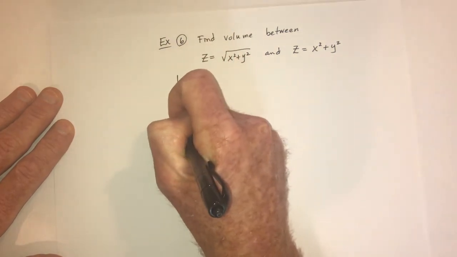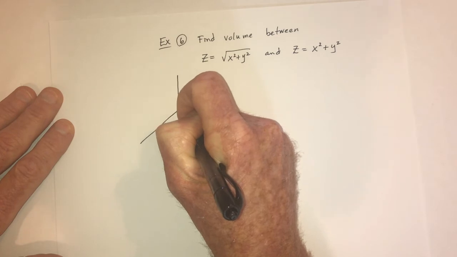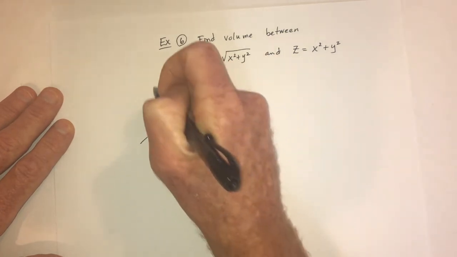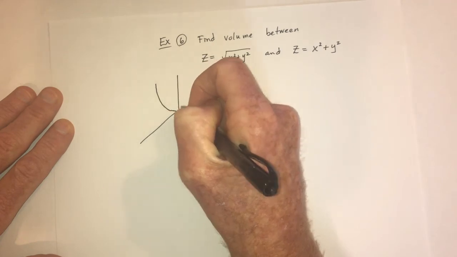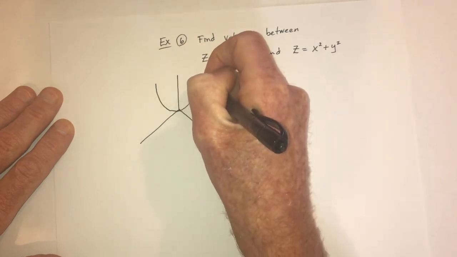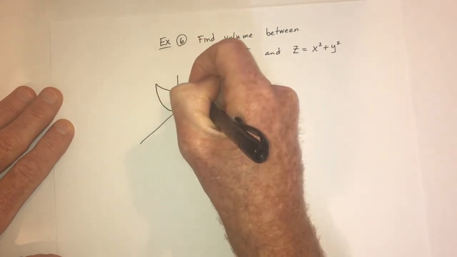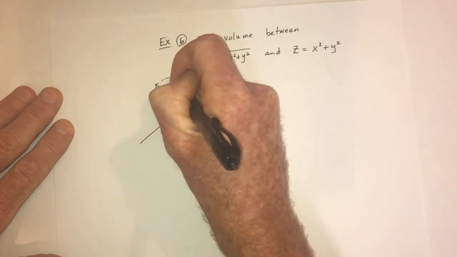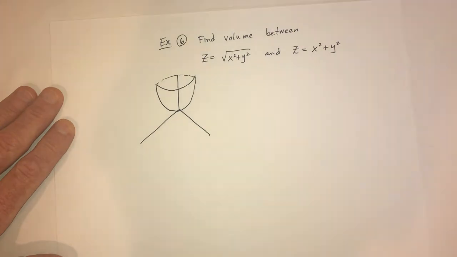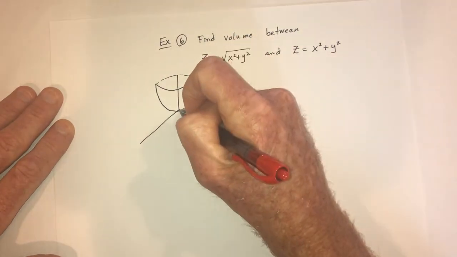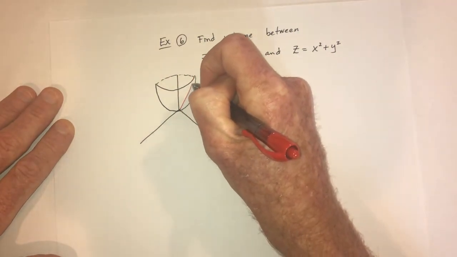So if you draw a quick sketch of it, so the paraboloid, I'm going to emphasize, is a little bit more rounded, and then it would look like this. And then the cone has straight edges, and it would go like this.